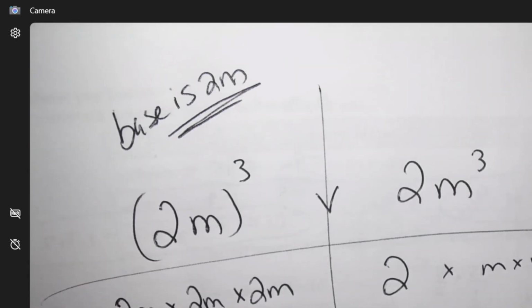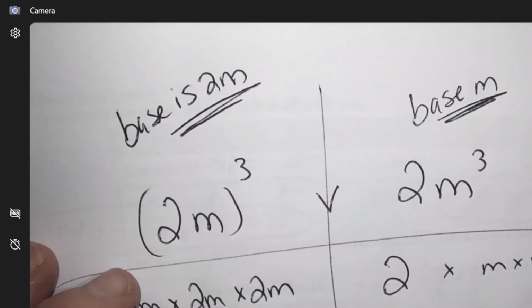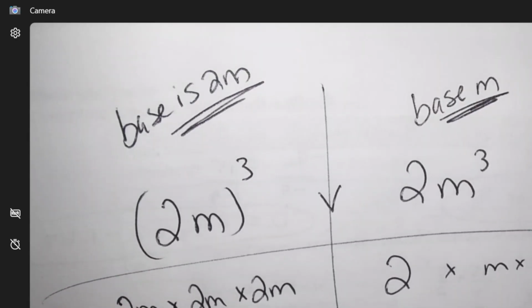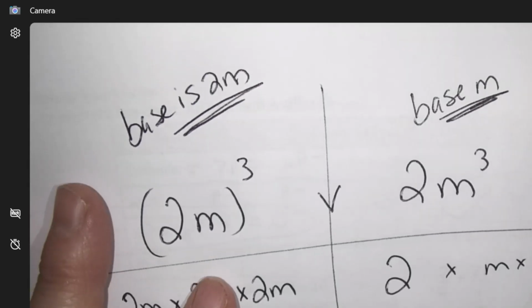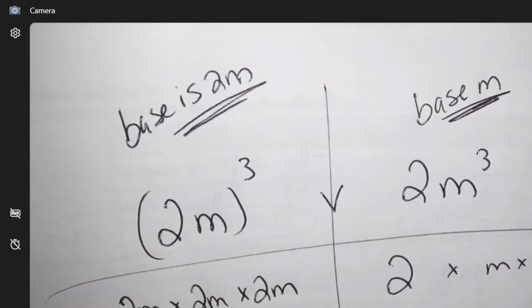So this one, my base is 2m, so I repeat the whole thing. Here, there's a base of m. That's it. m is the only thing that's a base. And then there's a coefficient later of 2. It's detached from the exponent part. Okay? Big idea?